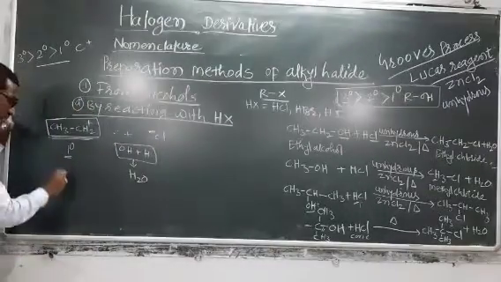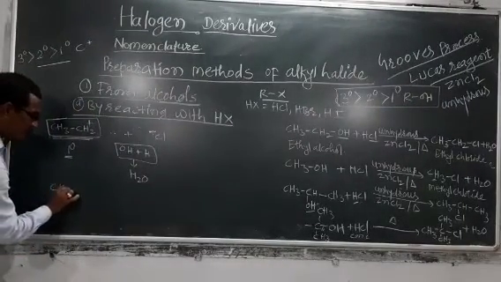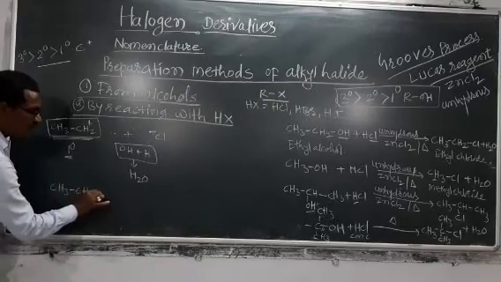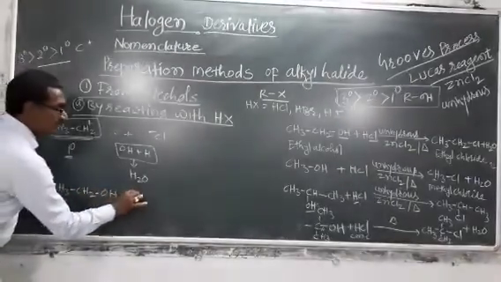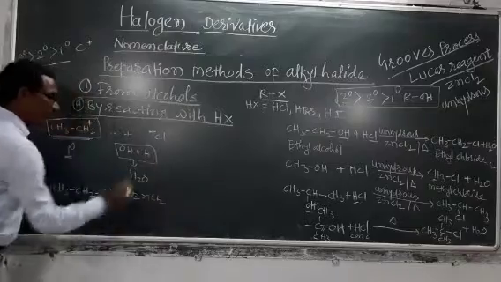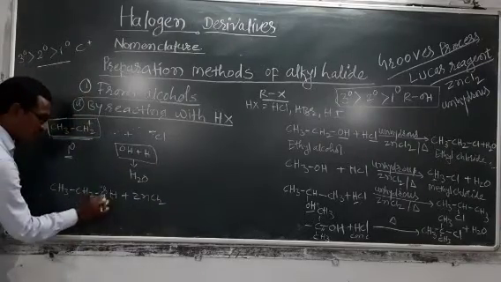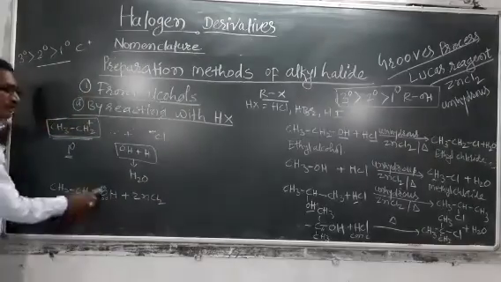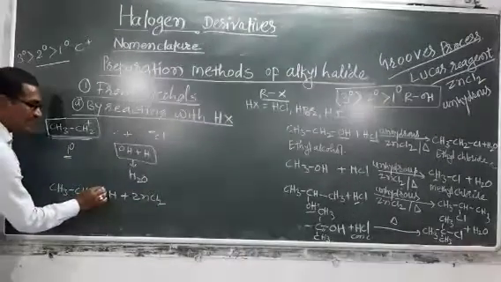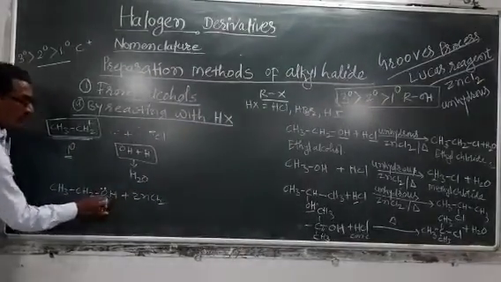Look at the board. This CH3CH2OH is reacted with ZnCl2. What happens here? On oxygen, there are two lone pairs of electrons. I will write them as dots.